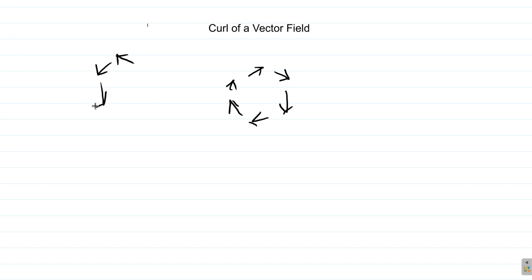Now, the thing is, you can represent that swirling by vectors like this. It's clockwise, or like this if it is anti-clockwise.